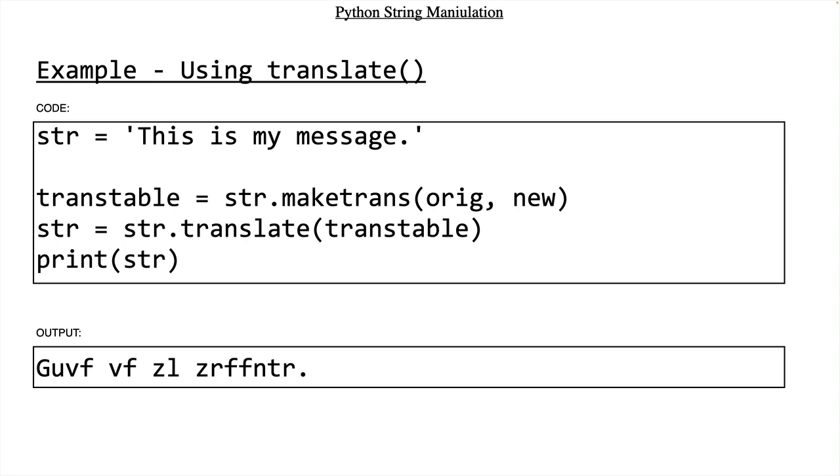If you go off the end of the list of characters, you rotate back to the beginning and basically shift these by 13. And to reverse this process, you would do the translation reversing in your translation table, new and original, and you would get the original message back.